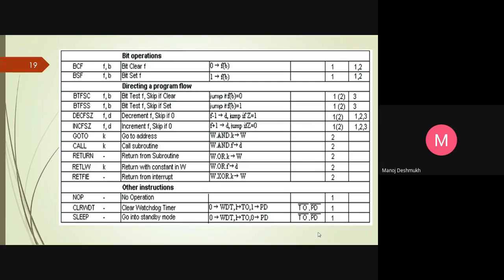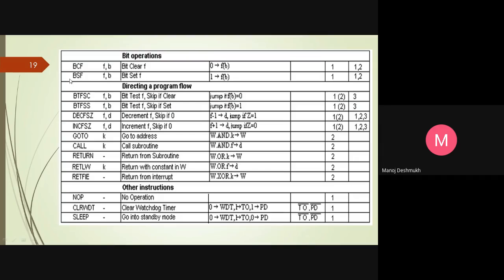Here F is your file register and B is your bit number. If it is mentioned 1, bit number 1 means D1. Bit 0 means D0, D1, D2 up to D7. If we mention 1, D1 will be cleared from that particular file register, or if it is mentioned 7, the 7th bit will be cleared.